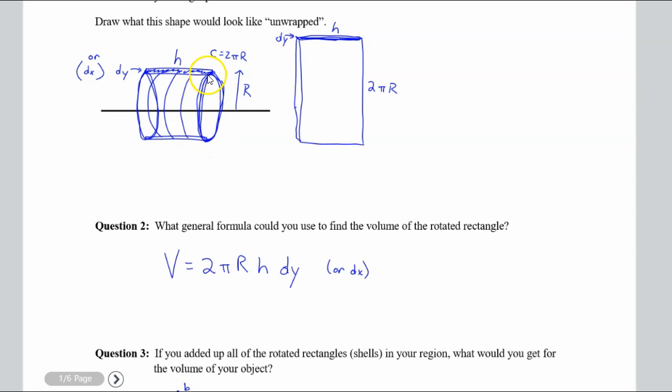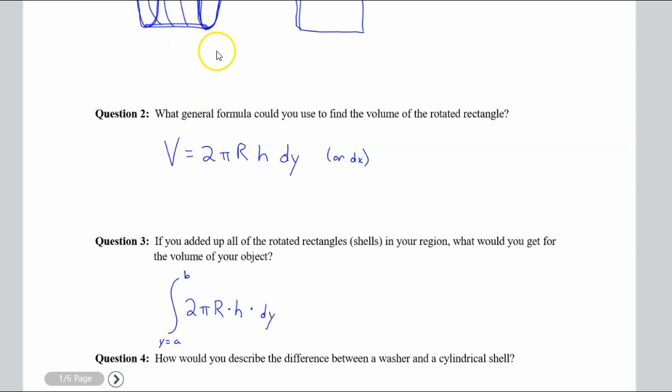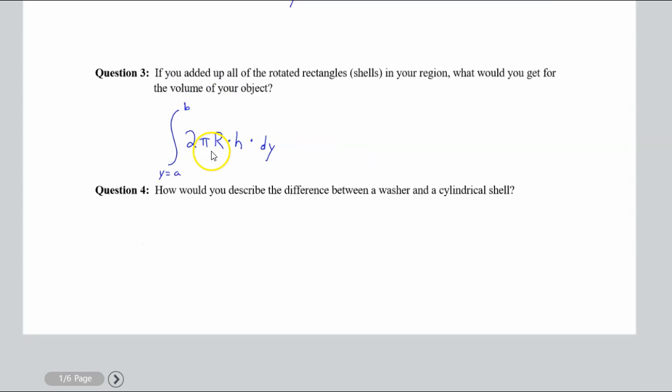It's just the very thin edge, and washers are much more flat. You have a much wider band between the inside radius and the outside radius for those. So those are just a couple of differences. It is important that you know what the difference in those shapes is.